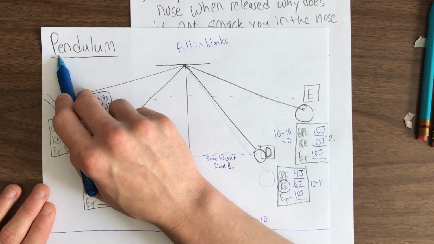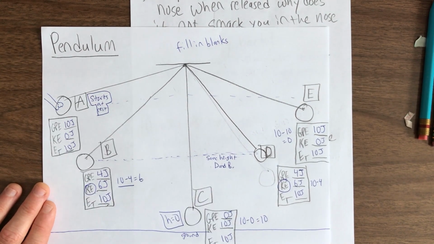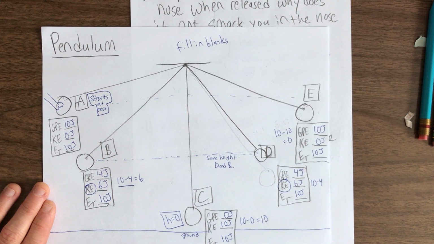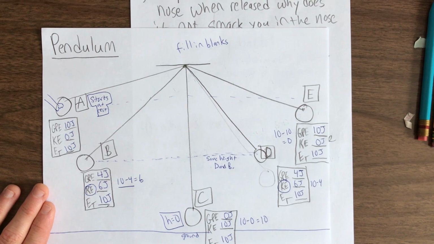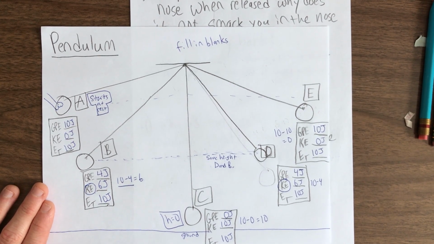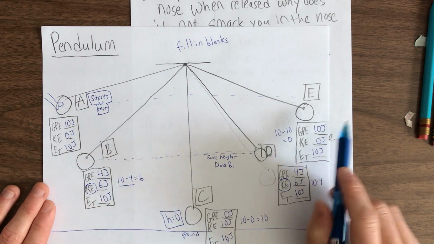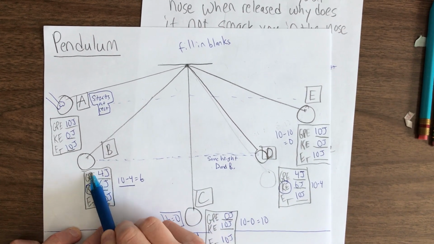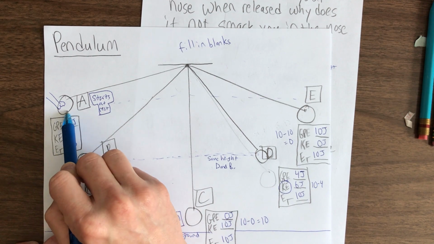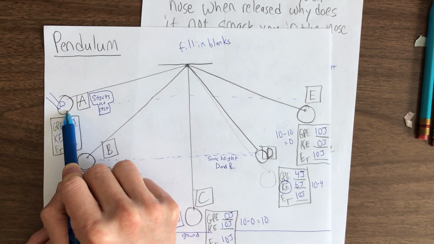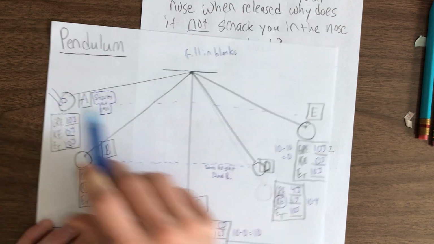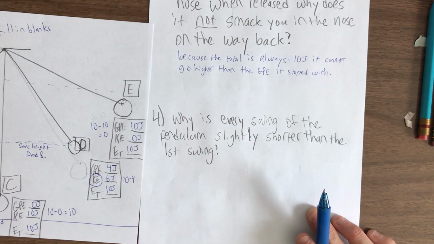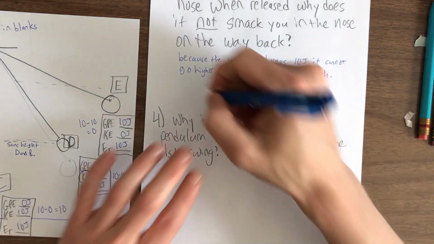Had more energy, and where did it get that from? Nobody was pushing it, all right? If you let it go, the total's always going to say 10 joules in this example. It's never going to get energy from nowhere. So it climbs back up, and the GPE goes 1, 2, 3, 4, 5, 6, 7, 8, 9, 10 joules of GPE, but can't get 11, so it doesn't smack you in the nose, all right? It cannot go higher than the GPE it started with.